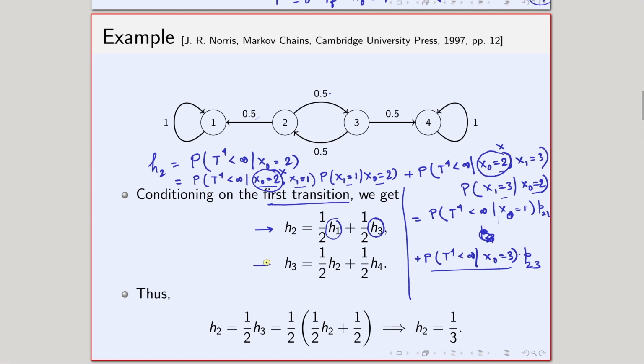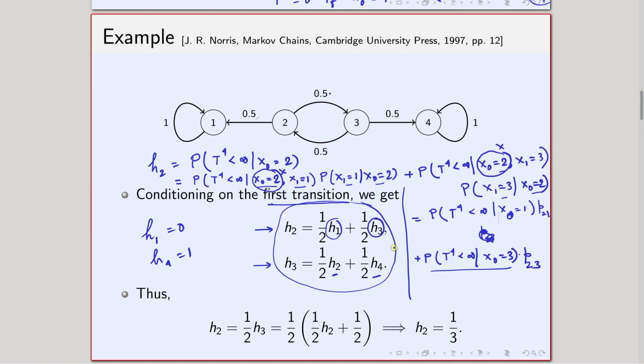Okay, so we wrote this one. Similarly, for H3 also I can write, from 3 I can go to 2 and I can go to 4. Now, that means with half probability H2 and with half probability H4. Okay, so H3 equals half H2 plus half H4. So now I have a system of equations, along with H1 equals 0, H4 equals 1.